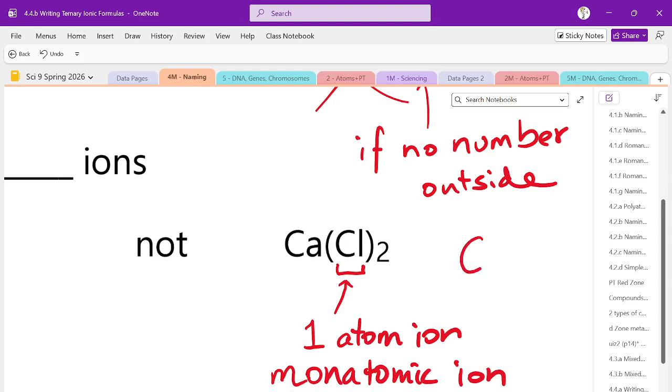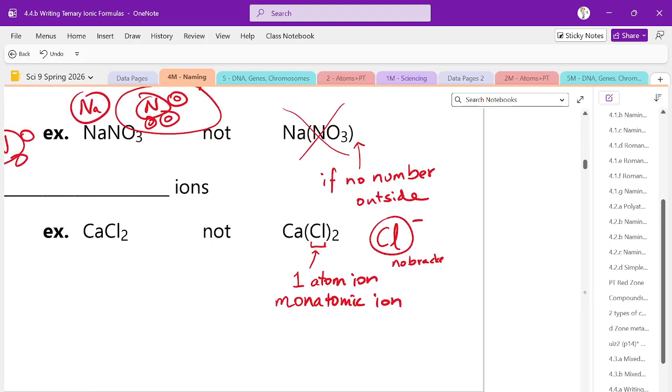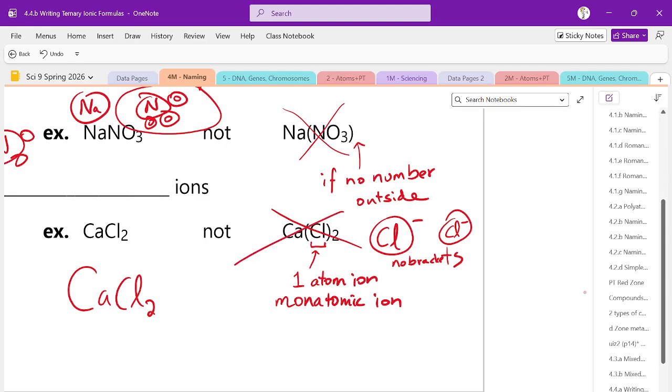So if I have Cl, that's just a single atom. It's Cl minus, no brackets. Even if I have two of them, it's just CaCl2, not Ca bracket Cl2. We only put polyatomic ions in brackets and only when there is more than one of them. Okay.